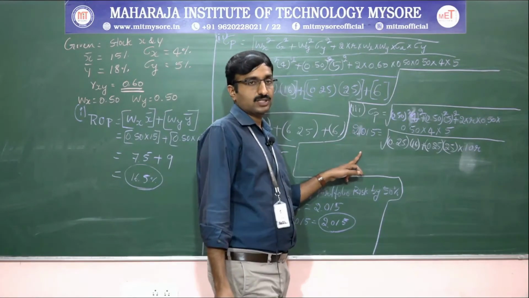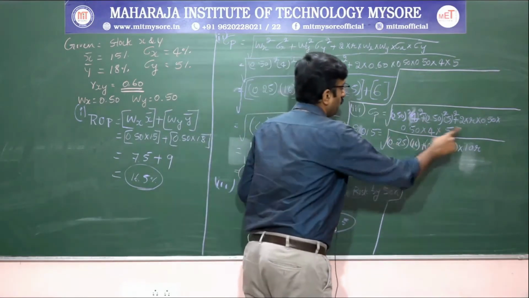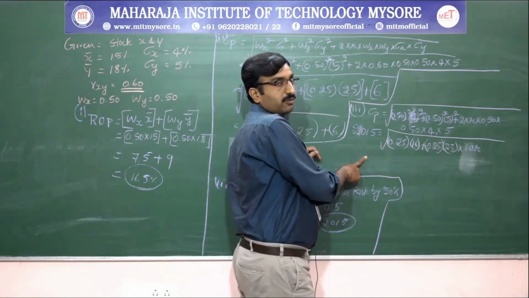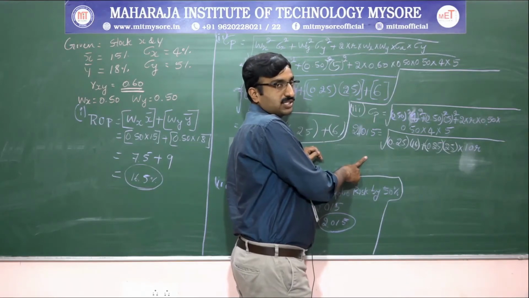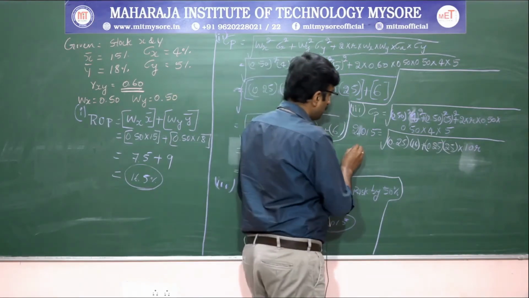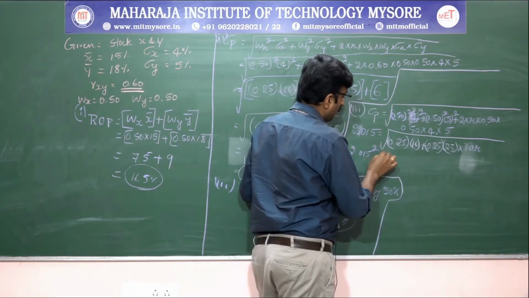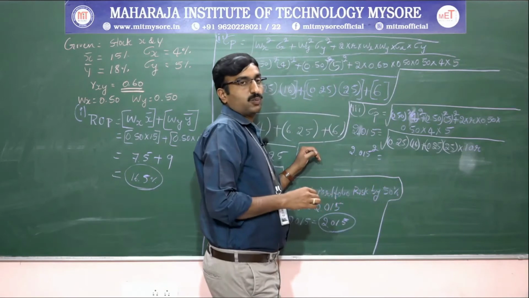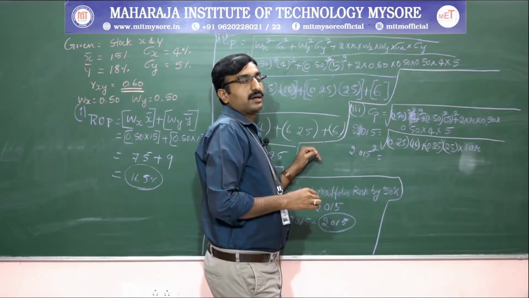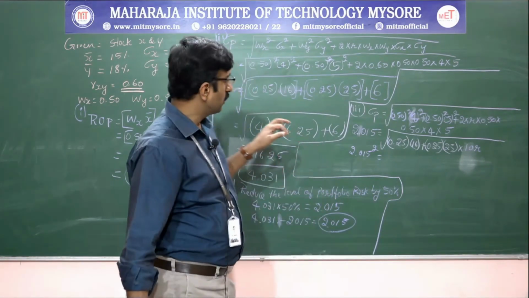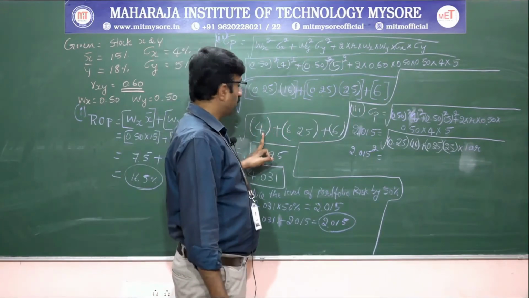So, continuation of this one, if you consider LHS and RHS, root will be square, that is 2.015 square is equal to 0.25 into 16. 0.25 into 16, how much you will get?